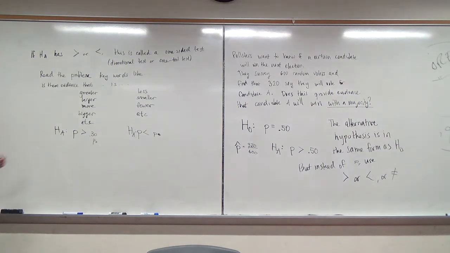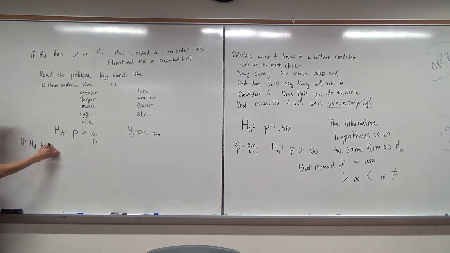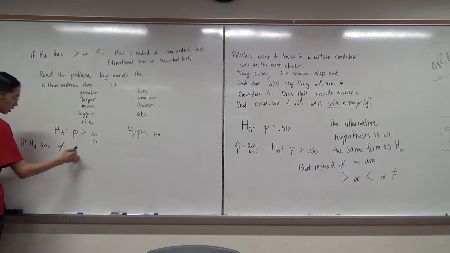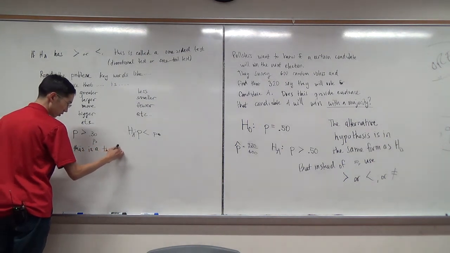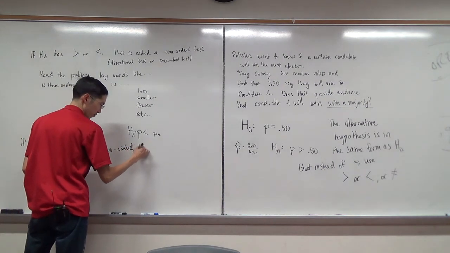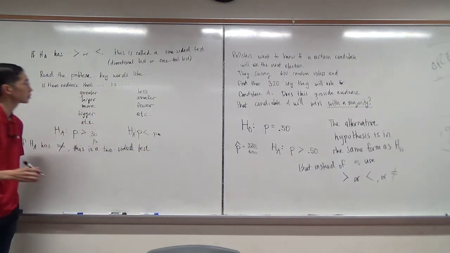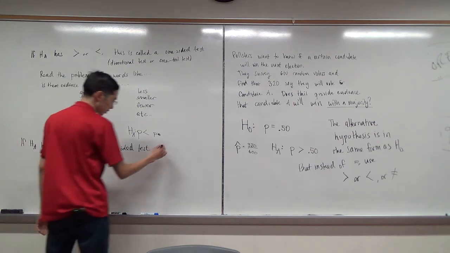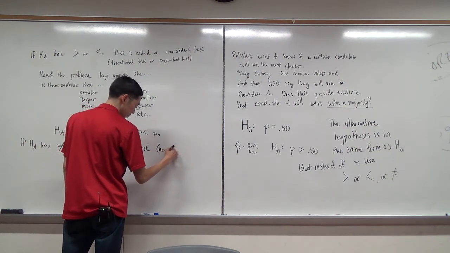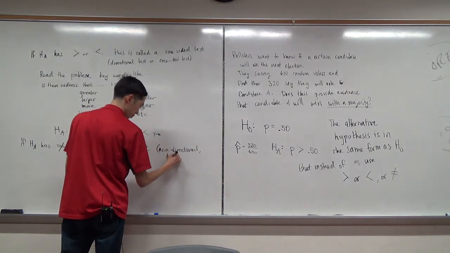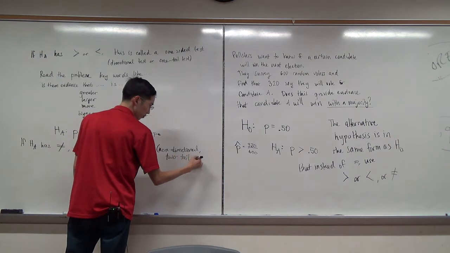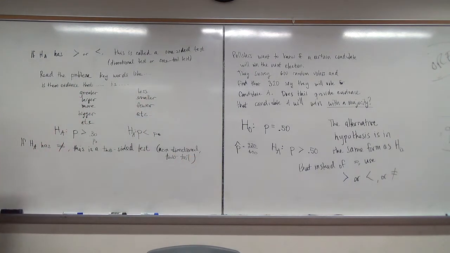Okay, and on the other hand, if the alternative has a not equal sign, this is a two-tailed test, or two-sided test. Or we might call it a non-directional test.